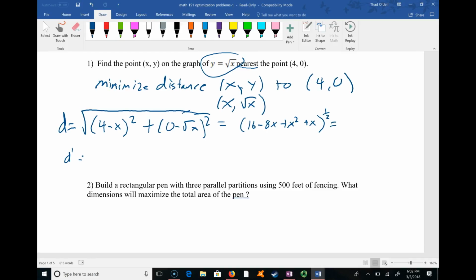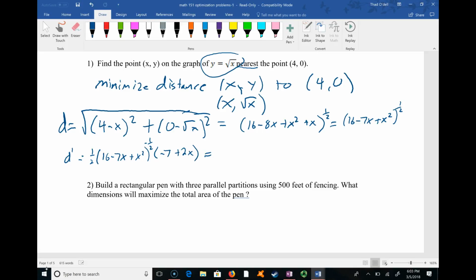And then if we simplify that a little bit further, we would get 16 minus 7x plus x squared to the 1/2 power. Okay, now we're ready to take the derivative, so that would be 1/2 times 16 minus 7x plus x squared to the negative 1/2 times the derivative of the inside, which would be negative 7 plus 2x.